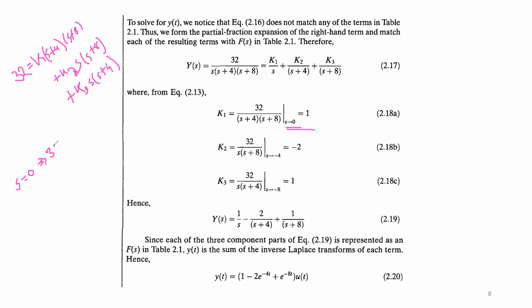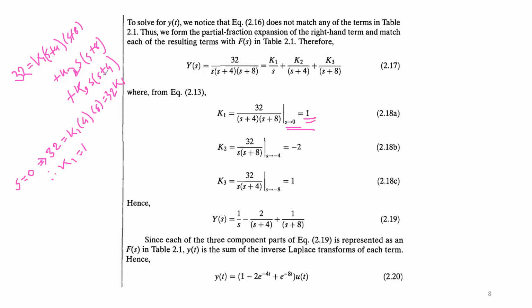So 32 is equal to k1 into s plus 4, that means 0 plus 4, that is 4, into s plus 8, that means 0 plus 8, that's 8. That means 32 k1. Therefore k1 would be 1.